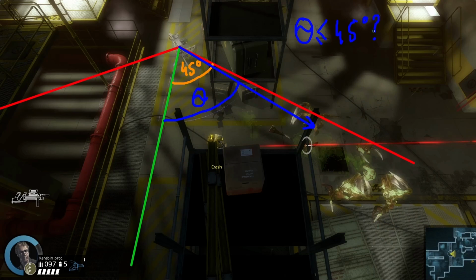We can label our forward vector as A and assume that it is equal to 0, minus 1. We will label the vector from the turret to the enemy as B and assume that it is equal to the value I am just drawing.